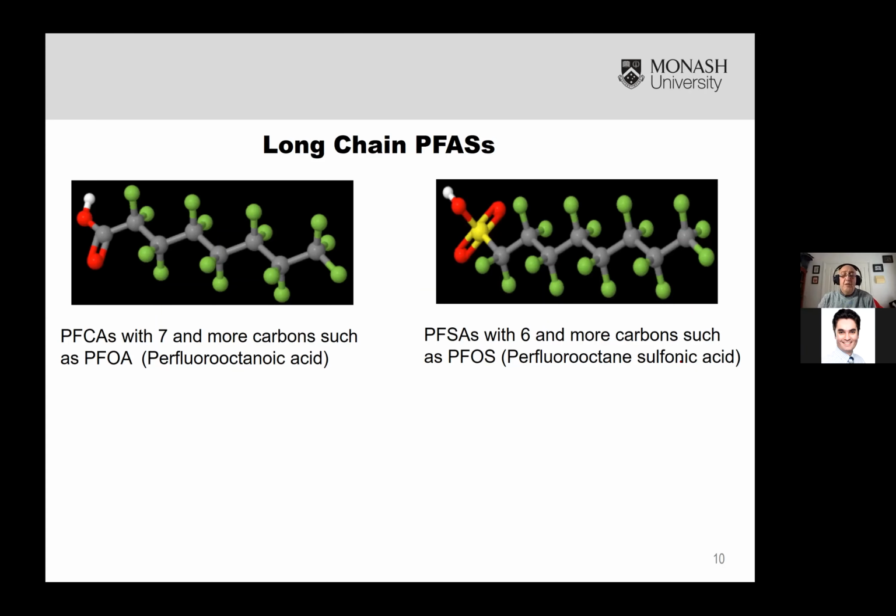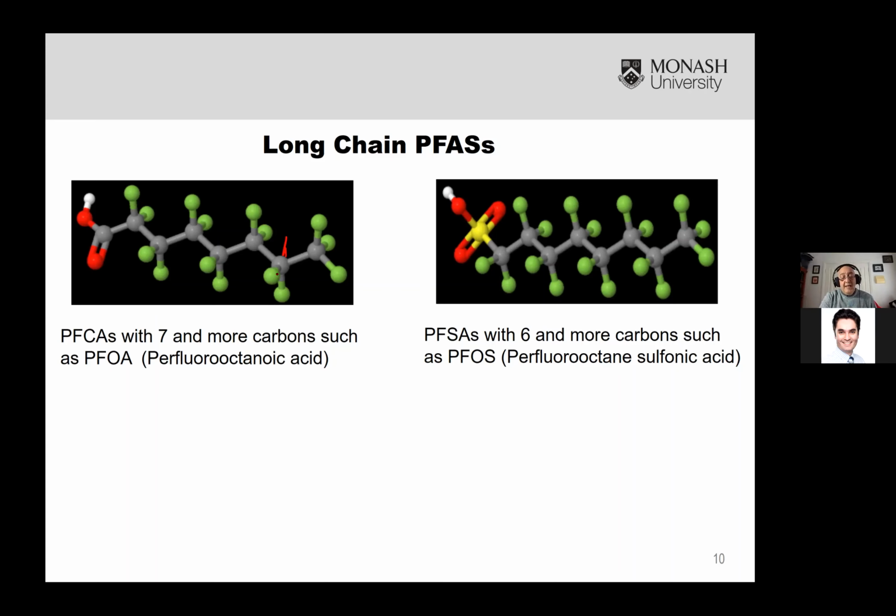So for the long chain ones, for example, PFCAs with 7 and more carbons, such as PFOA, the perfluorooctanoic acid, for example, this is your carbons here, and PFSAs with 6 and more carbons, such as PFOS, the perfluorooctane sulfonic acid.